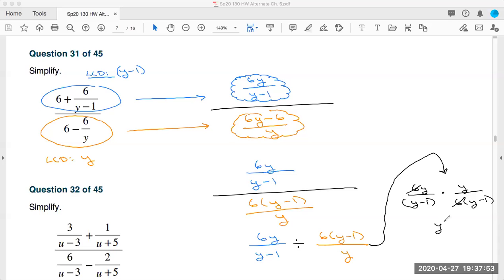And you have y squared over the quantity y minus 1 squared. Be very careful here because you're going to be so tempted in this step to cancel out the y minus 1 and the y. But you really have to change division into multiplication first.